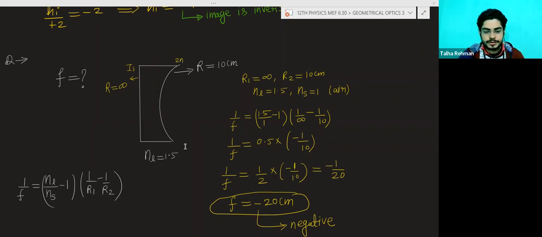Okay, so today we'll start simple microscope. So simple microscope is basically a convex lens, and when the object is placed within the focus of the convex lens, then that convex lens behaves as a simple microscope.